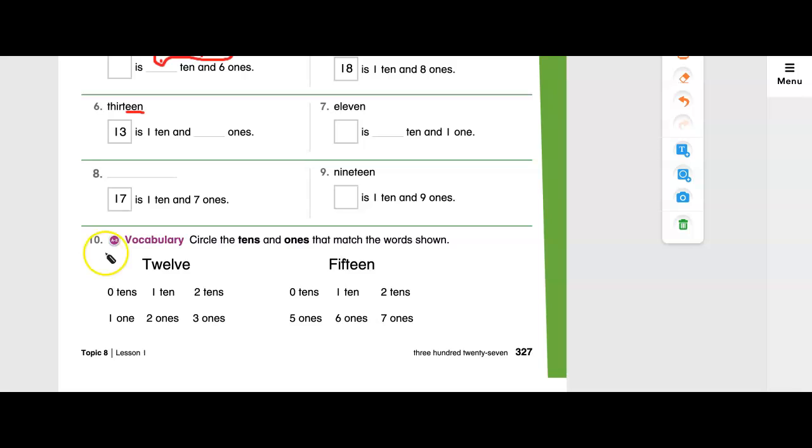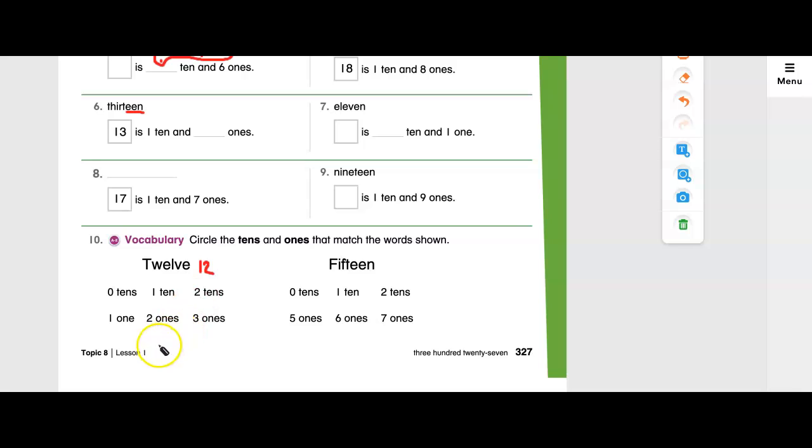Number 10 says vocabulary. Circle the tens and ones that match the words shown. Here we have the number 12. When you think about the number 12, it wants you to circle, are there 0 tens, 1 10, or 2 tens?